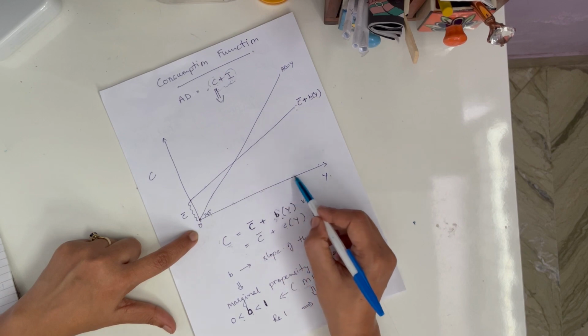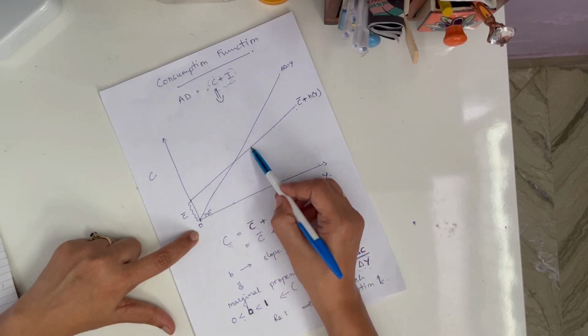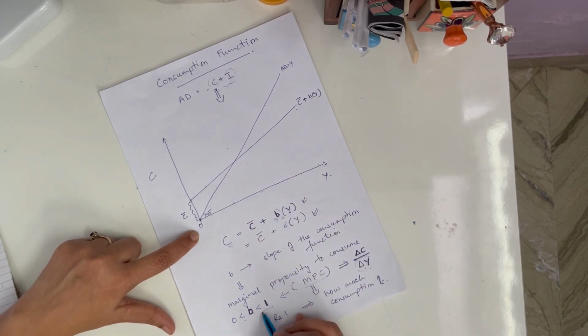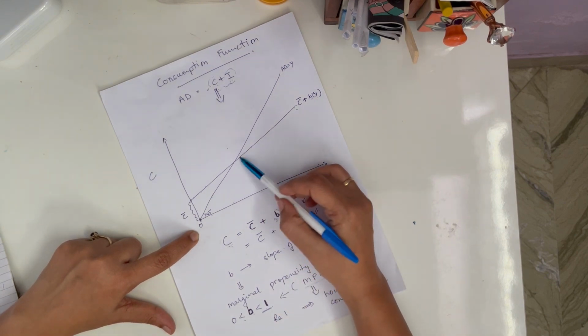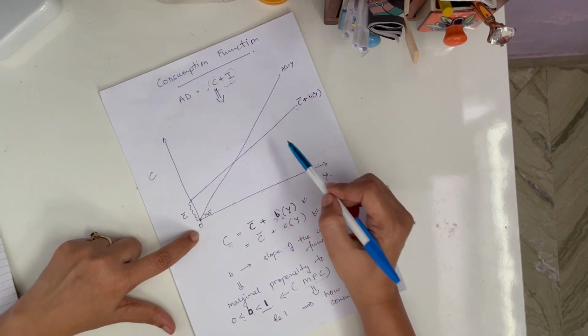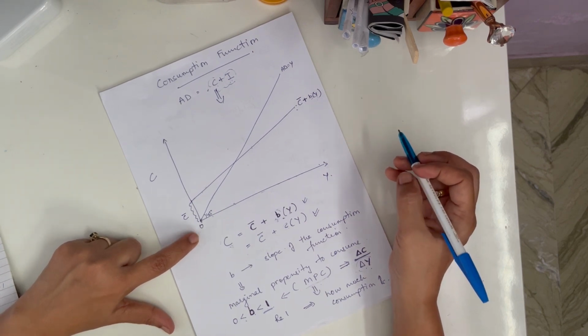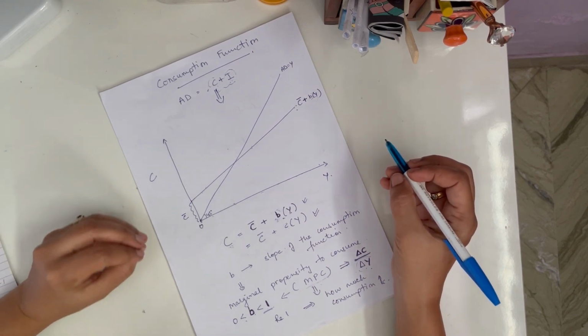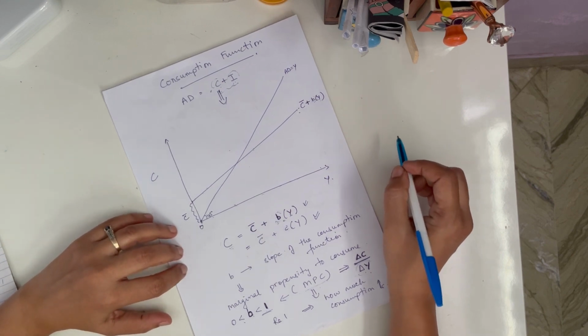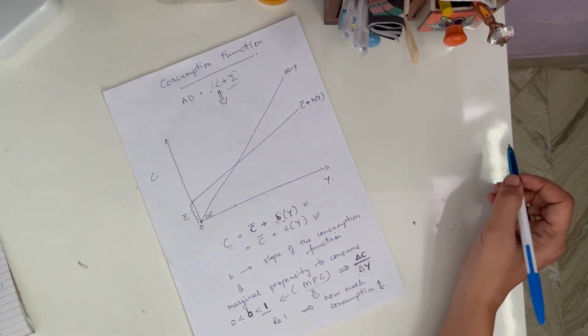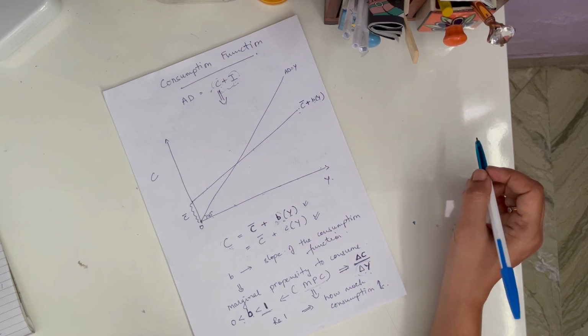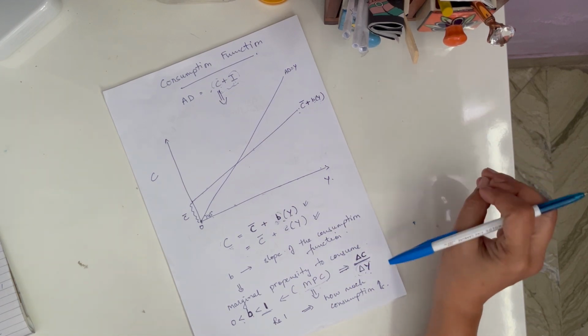So as your income increases, your consumption also increases, but since it's less than 1, your consumption increases by less than the increase in your income. That's another important point to understand. Right? So if your income is increasing by a unit, your consumption will increase by less than a unit.